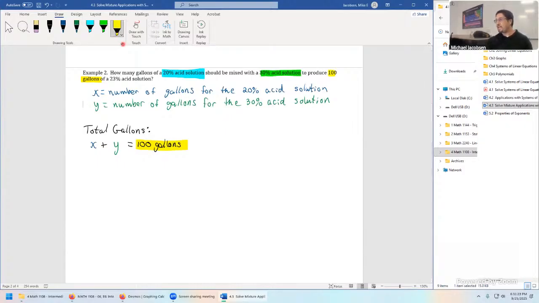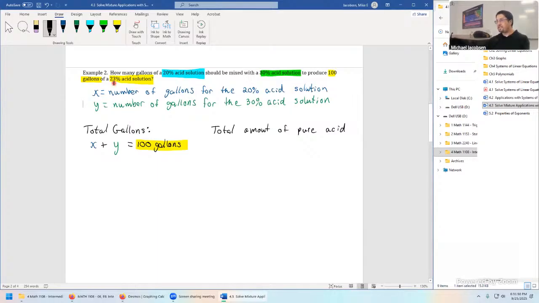So we want 100 gallons at this concentration. So that means of the 100 gallons, 23% of it is pure acid. That means we have a different kind of total this time. Total amount of pure acid in our mixture.